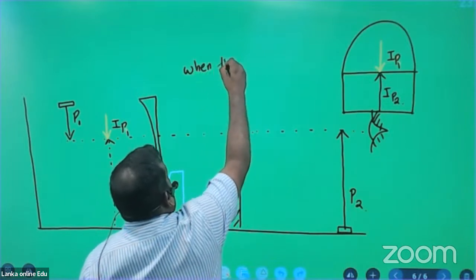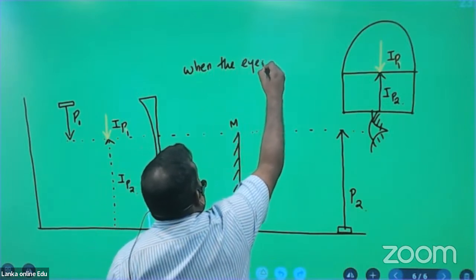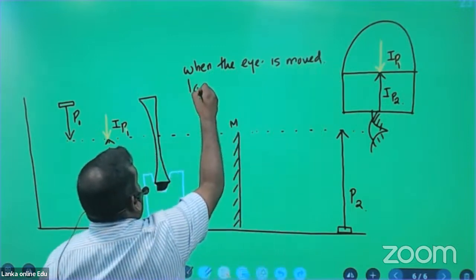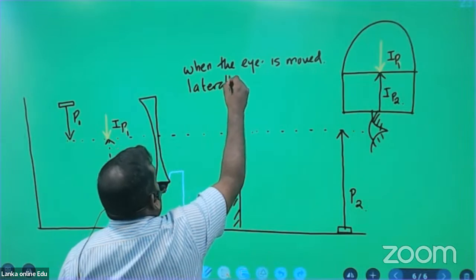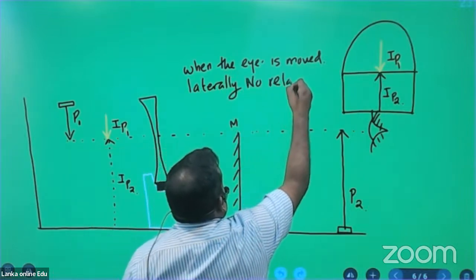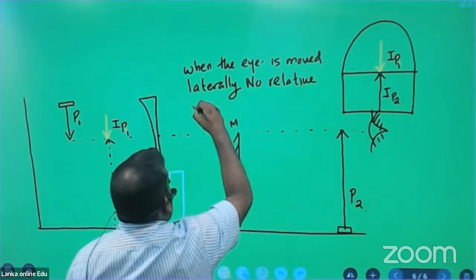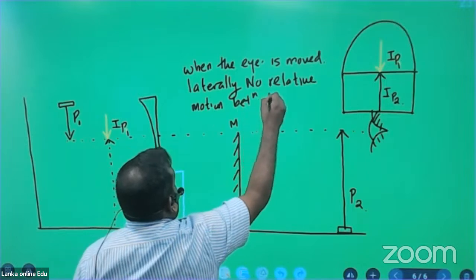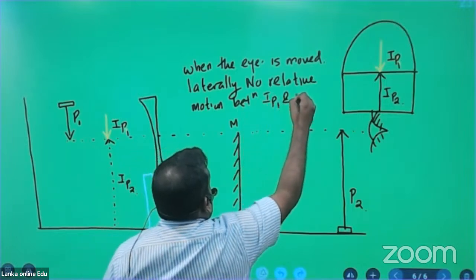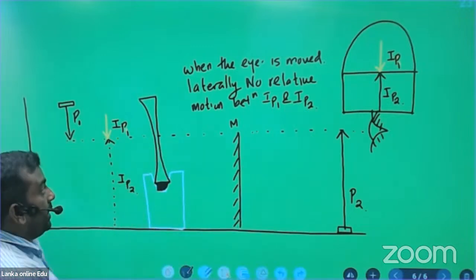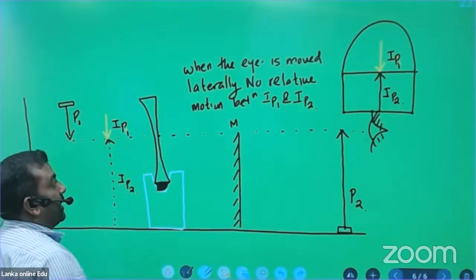So when the eye is moved laterally, no relative motion between IP1 and IP2. No relative motion means they are coinciding.